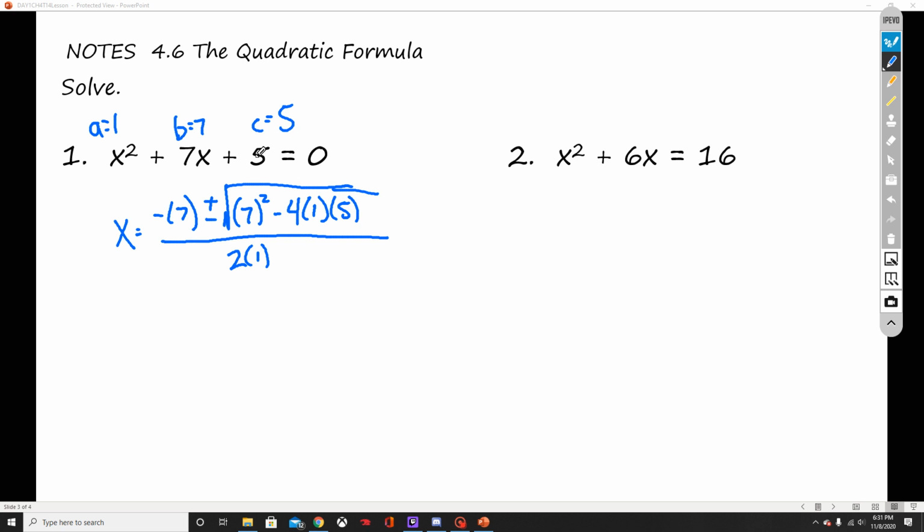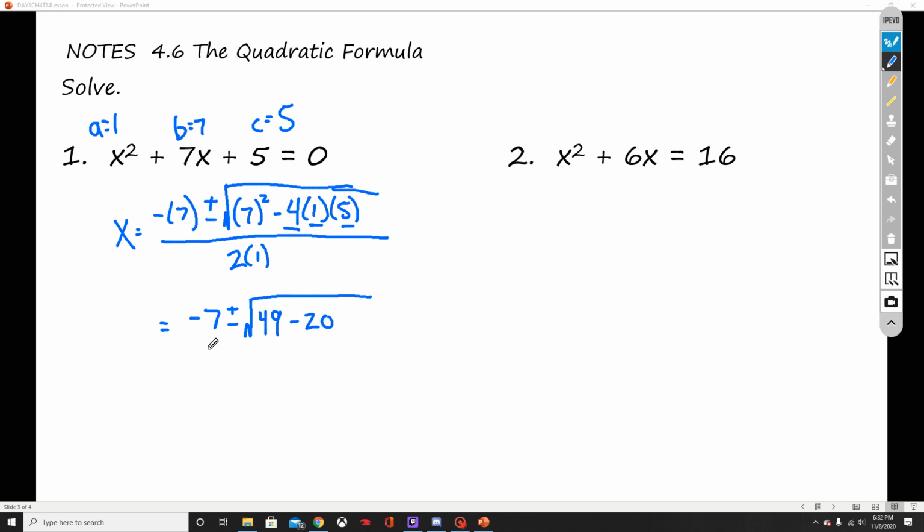Alright, so if I can simplify this mess here, then I can figure out what the solution is. And this should simplify to either a real number or a complex number, depending on whatever this is under the radical. So that just becomes negative 7 plus or minus the square root. 7 squared is 49, and then negative 4 times 1 times 5, because they're all next to each other, they're multiplied, so negative 4 times 1 times 5 is negative 20.